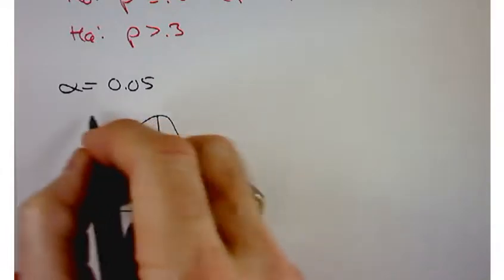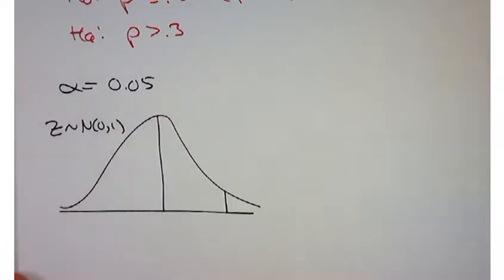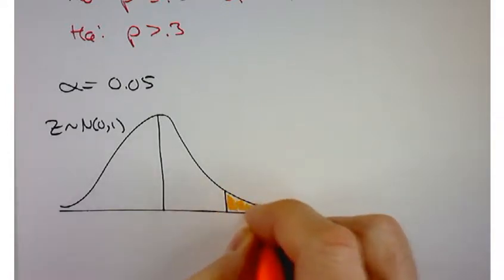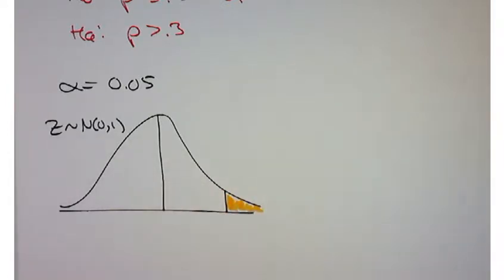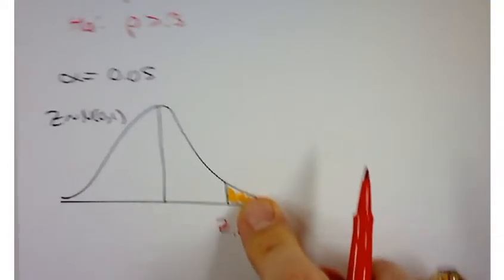So this is a Z distribution, which means it's distributed normal with a mean of 0 and a standard deviation of 1. We want to find the point on the Z distribution with 5% of the area in the right tail. So Z sub 0.05 would be the correct notation. That puts 5% in the right tail.